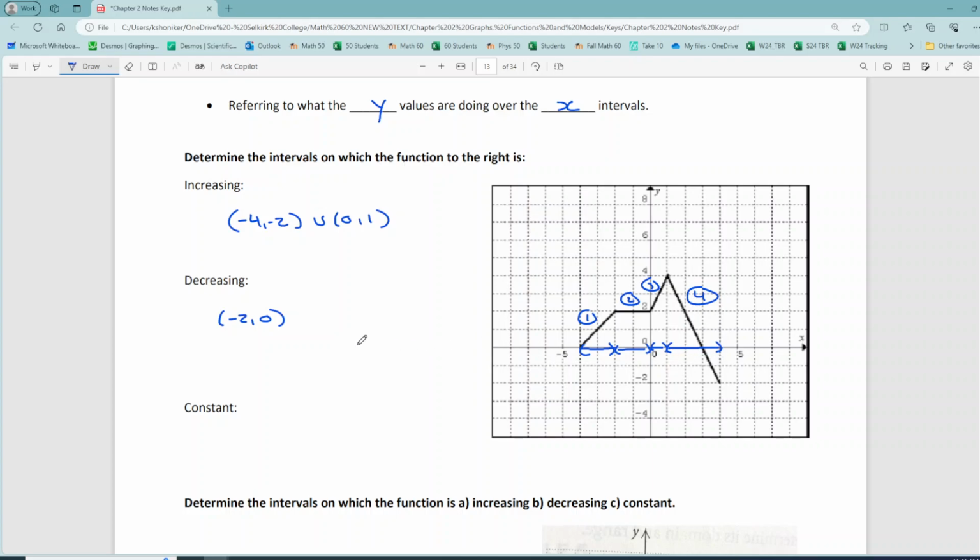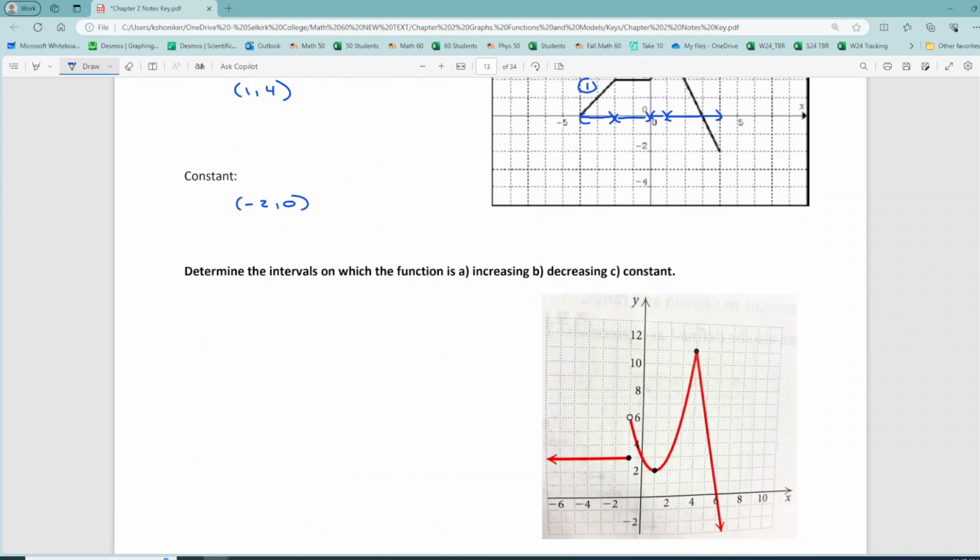Oh, sorry, of course I didn't write them in the order they came in. So they were constant from -2 to 0, because we're all probably screaming at the screen. And then lastly, from 1 to 4, the y values are decreasing. All right.